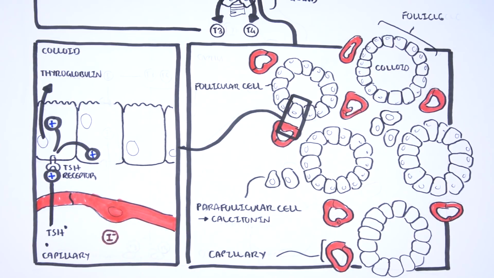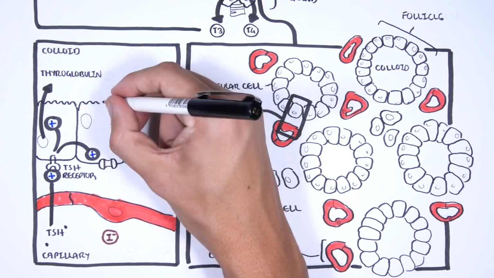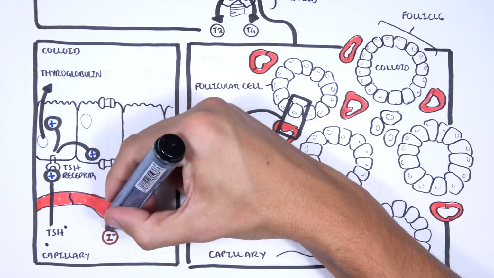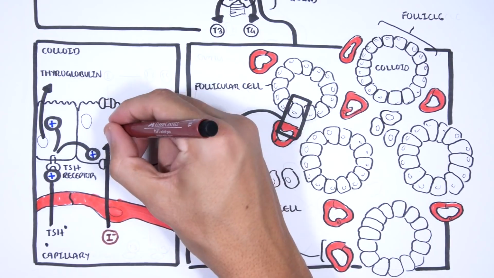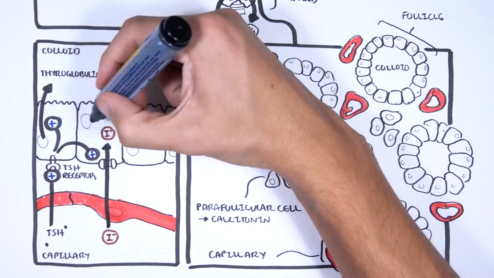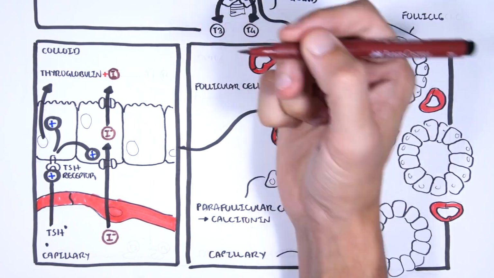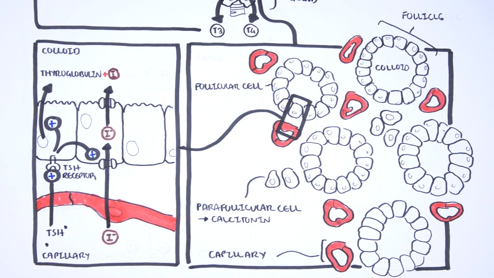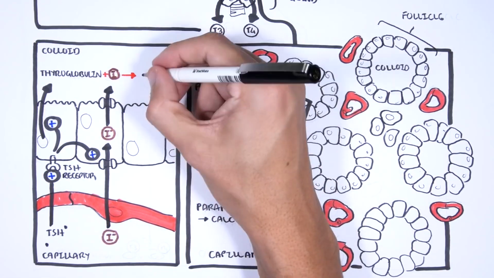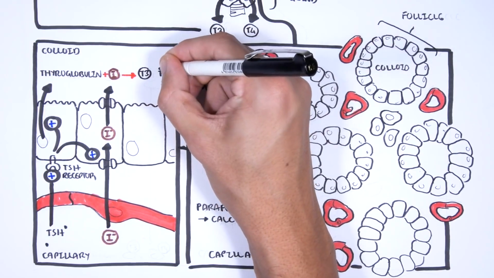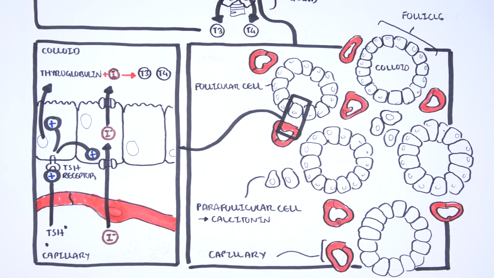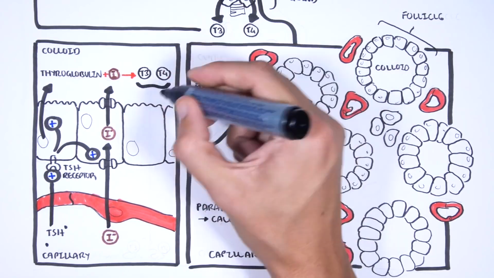TSH also stimulates the expression of channels, such as sodium iodide channels, allowing circulating iodide to enter the follicular cells. From here, iodide enters the colloid via another channel and becomes oxidized to iodine. Iodine and thyroglobulin is what makes our thyroid hormones, T3 and T4.